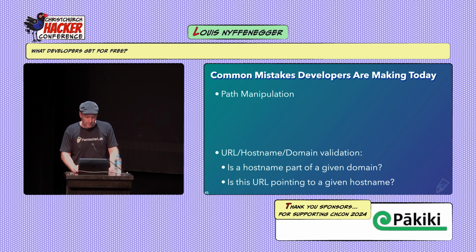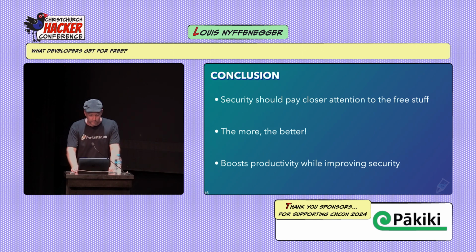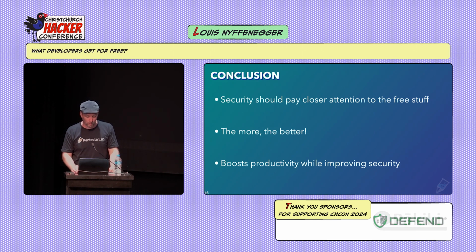Right. So obviously, hopefully I've convinced you that security should pay closer attention to the free stuff, and the more, the better. Reviewing code, reviewing the free stuff, getting all this stuff that developers can just leverage and not even having to think about security because they get it for free.